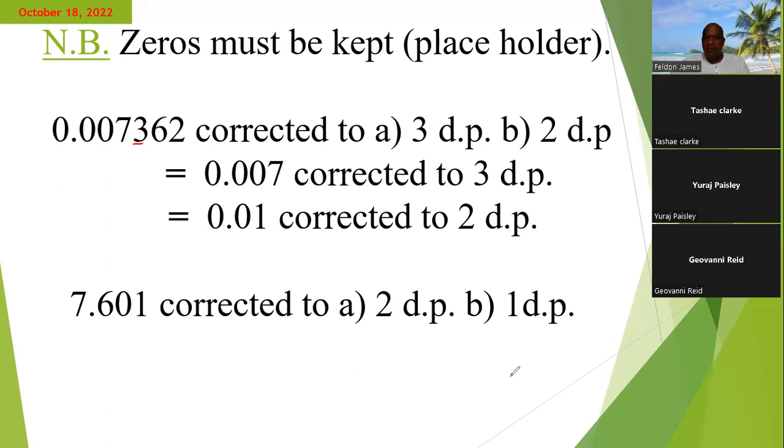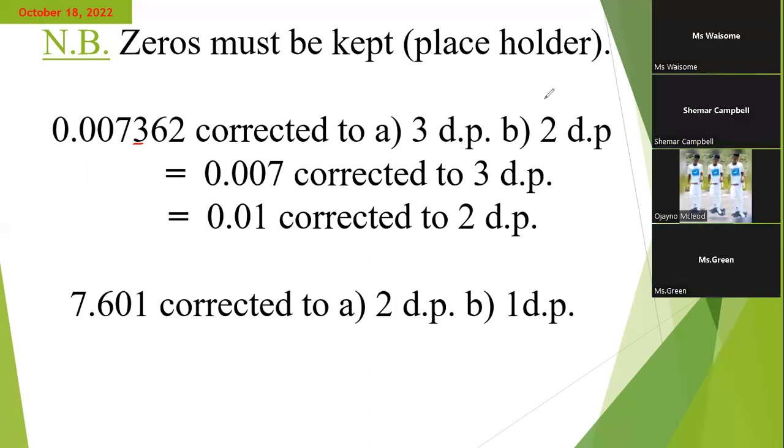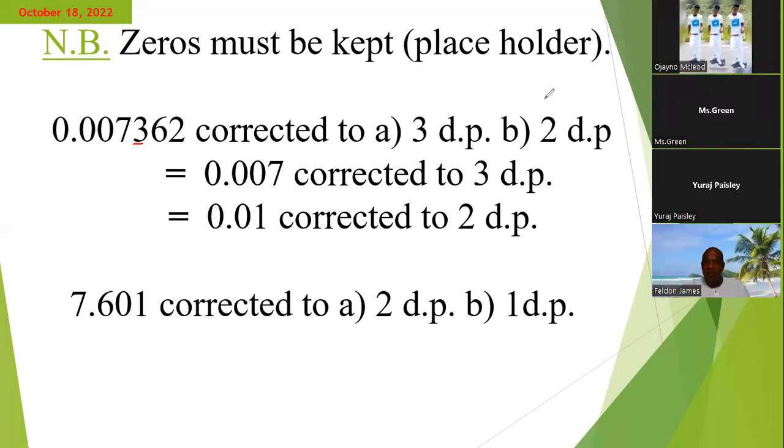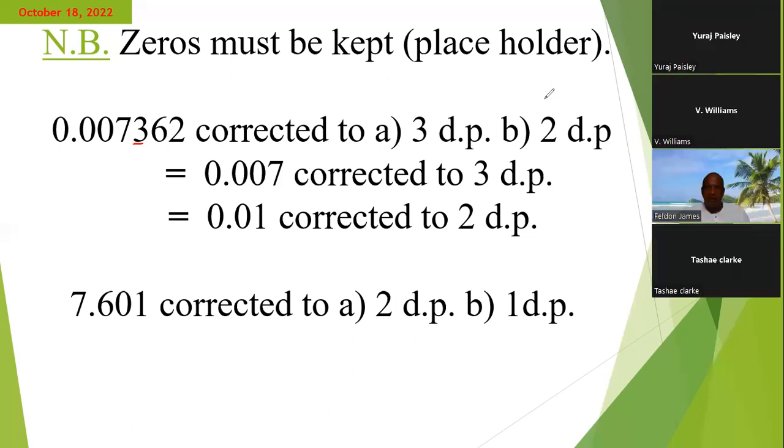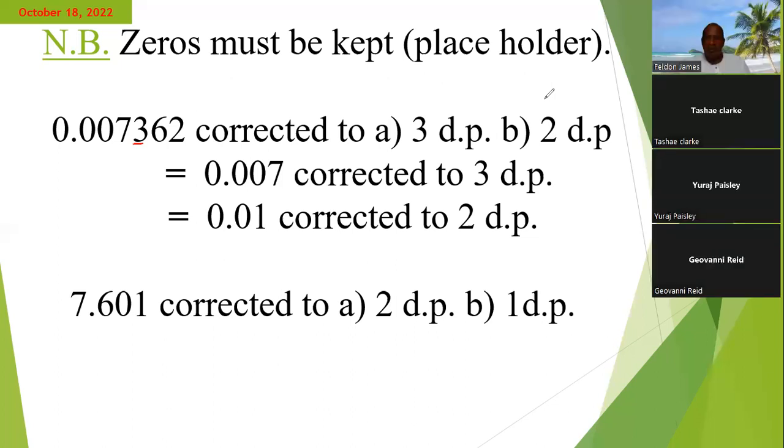Nobody agrees with what Ms. Clark has said? Let me see the hands of those who are in agreement with Ms. Clark. All right. Okay, so everybody is in agreement. Correct, Miss Clark. Everybody is on point. What about one decimal place? While you're at it, Miss Clark, just throwing that one.